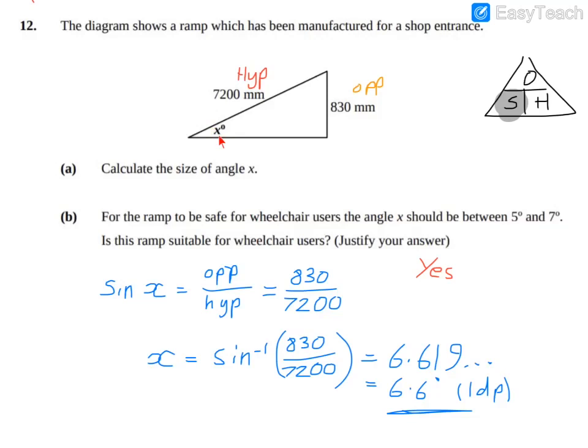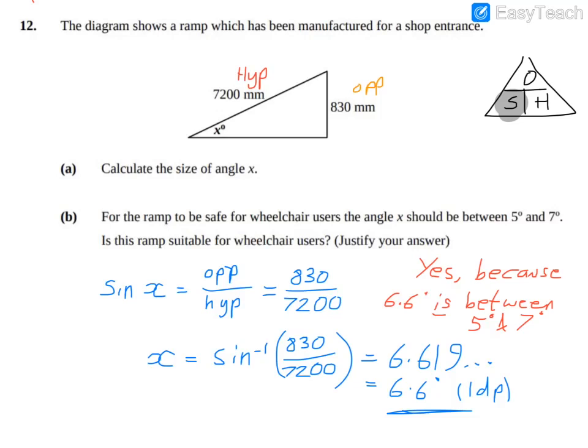Well, because I've worked out this angle, it's 6.6 degrees, and that is between 5 and 7. So we need to say that last bit. Yes, because something along the lines of 6.6 degrees is between 5 degrees and 7 degrees.